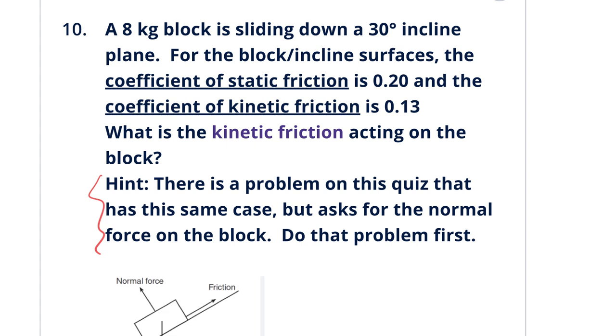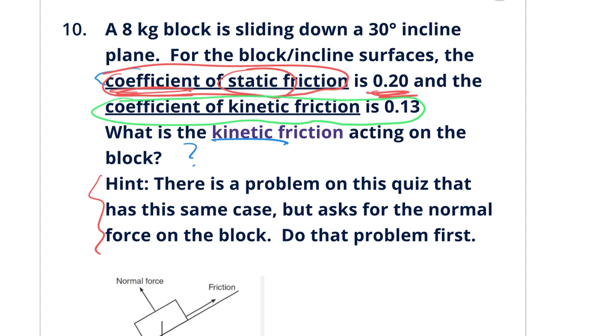The coefficient of static friction, that means if it's at rest, is 0.2, and the coefficient of kinetic friction is 0.13.